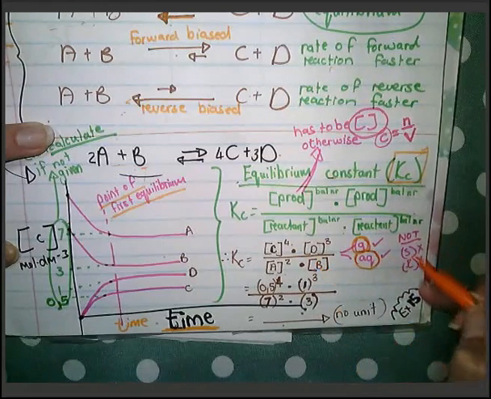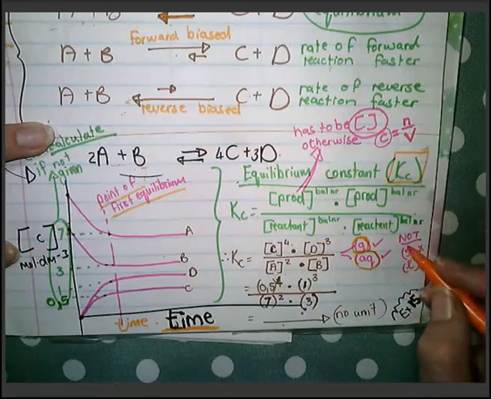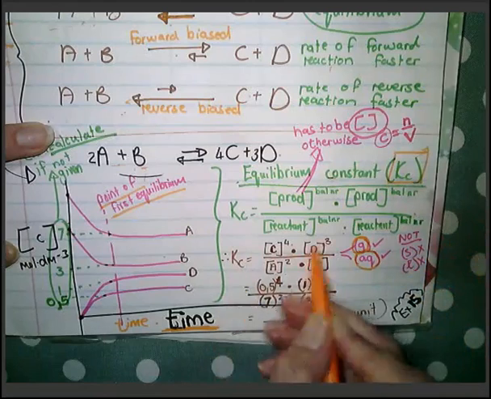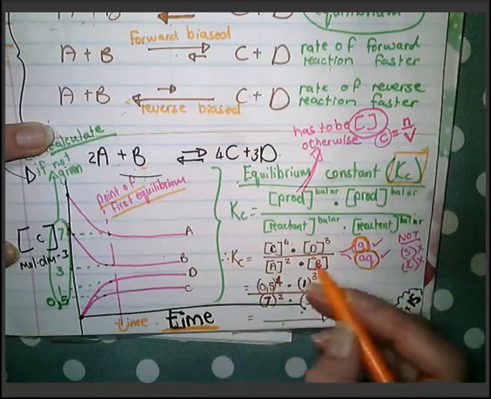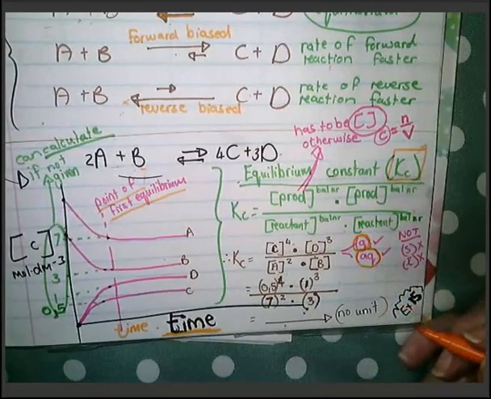Anything that's a solid or a liquid, you do not substitute. Its value is just 1. So you don't even put it in your formula. You only put those that are in gas phase or aqueous phase. Okay.